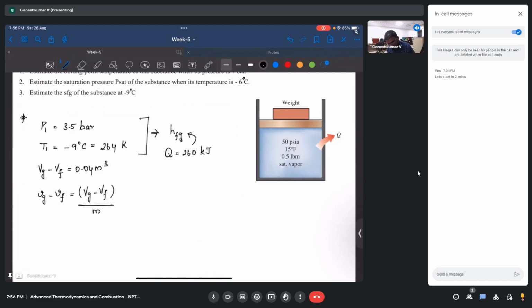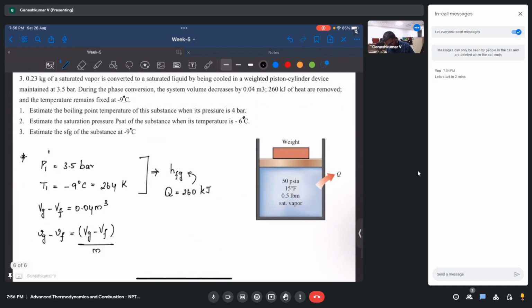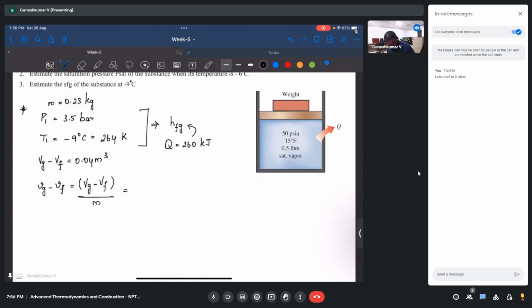The mass is already given, 0.23 kg. So 0.04 divided by 0.23, I'm getting around 0.174 meter cube per kg. Total, you can write this as VFG.